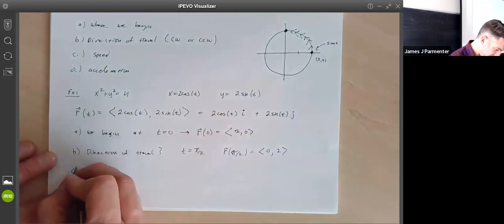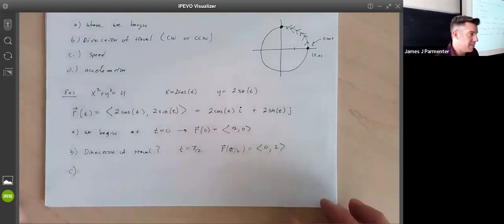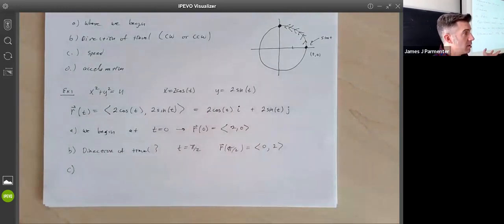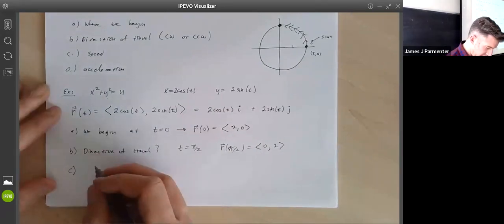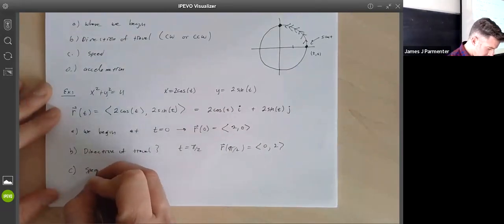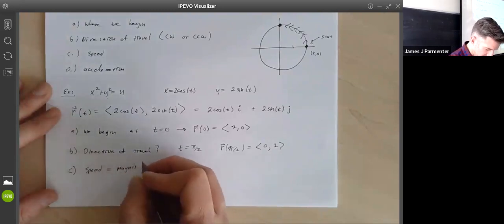Okay, what about velocity? Well, I said speed, but then I said velocity. They're not the same. Speed is a magnitude or a scalar. Velocity is a vector. So speed is the magnitude of velocity. So if I'm going to find speed, I need to find the magnitude of the velocity vector.